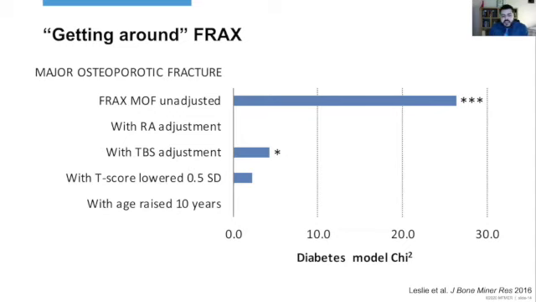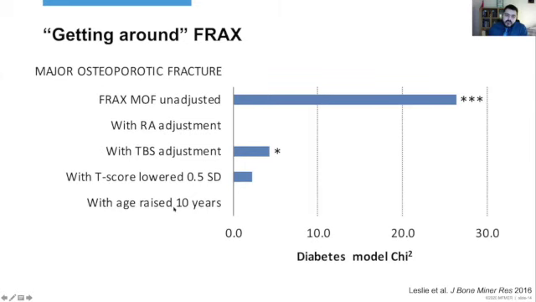So using that, they tried to lower the T-score by 0.5. It improved it, but did not bring it completely down to 0. But if they raised the age of the patient when calculating the FRAX by 10 years, it did bring it down to 0. So to better estimate MOF in FRAX, we can either use RA or increase the age of the patient by 10.